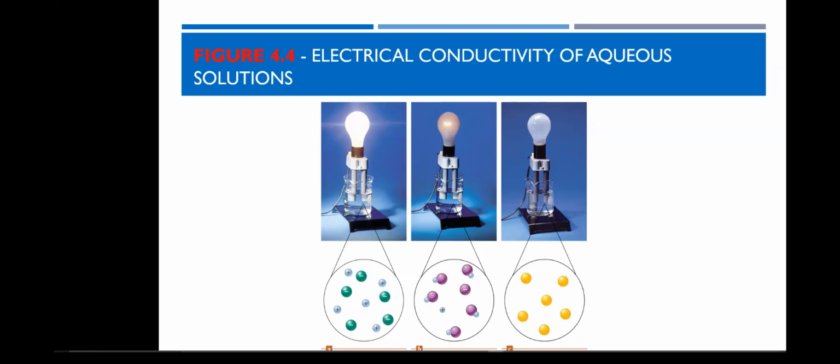They basically conduct the electrons from one side to the other. If there's a lot of ions, we get a bright light bulb, a strong electrolyte. Very few ions, we get a dull light bulb. And essentially no ions means that we get what we call a non-electrolyte, and the light bulb does not glow at all.